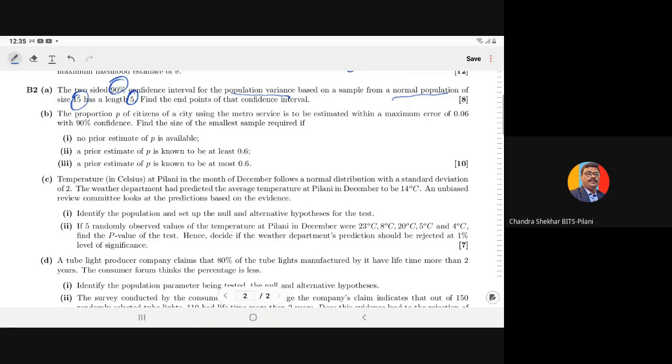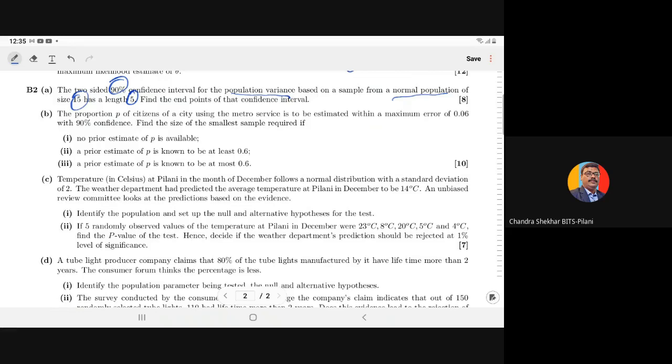Here the temperature, a continuous random variable, follows the normal distribution with standard deviation 2. The weather department had predicted the average temperature at Pilani in December to be 14 degrees centigrade. So that is the prediction of the weather department for Pilani in the month of December.